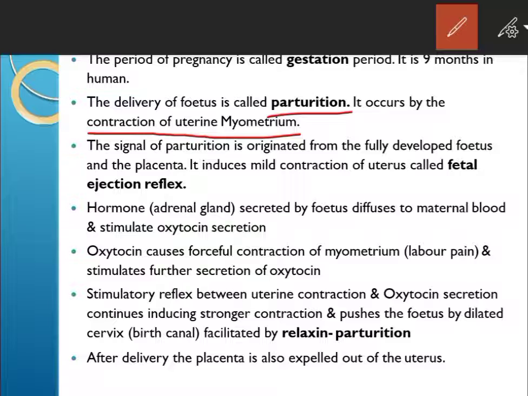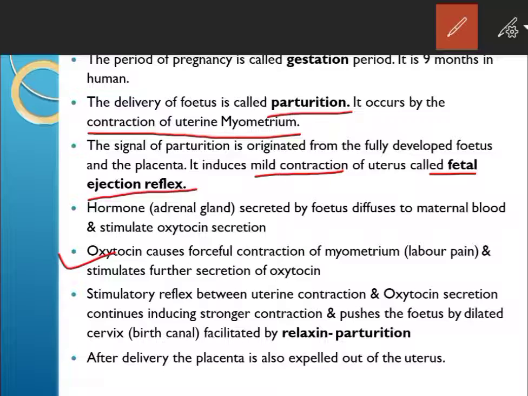The signals of parturition originate from the fully developed fetus and the placenta, which induce mild contraction of the uterus, which is called the fetal ejection reflex. This triggers the release of oxytocin from the maternal pituitary. It promotes contraction of the uterine muscles, which in turn stimulate further secretion of oxytocin.